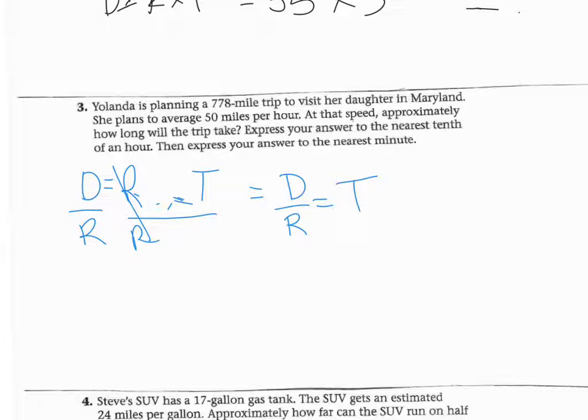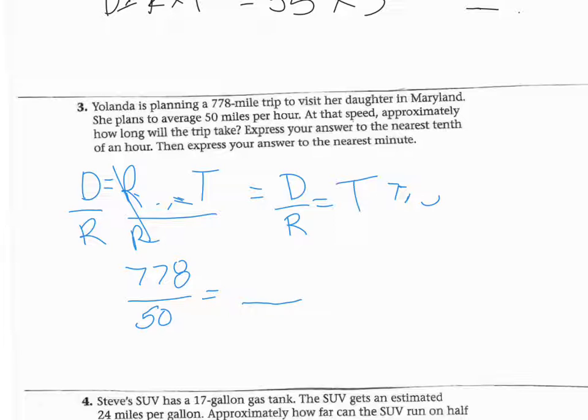So our distance is 778. 778 divided by our rate, which is 50 miles an hour. What is 778 divided by 50? That will be your total number of hours in tenths. So I'm not going to tell you that. I'm going to let you figure that out.